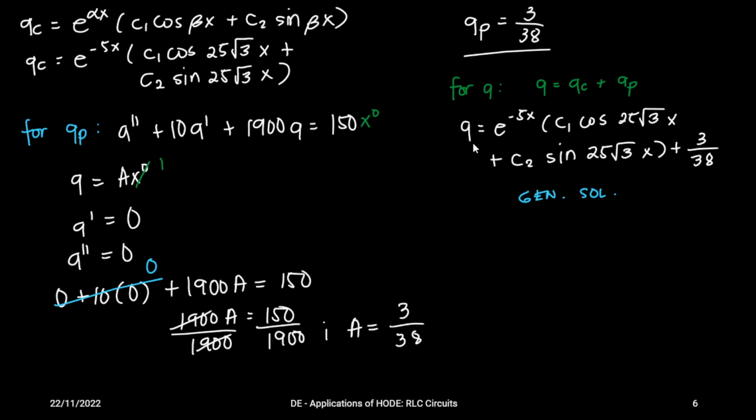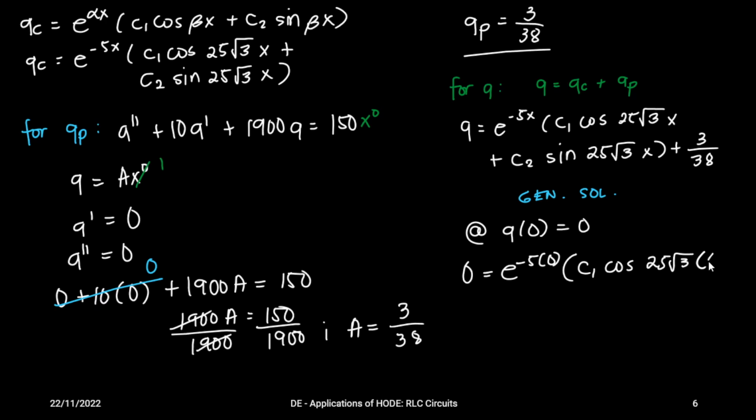Now, since we have already Q in here, meron tayong initial condition. Sabi, at time 0, Q is also equal to 0. So we can substitute 0 to this general solution. We have 0 is equivalent to e raised to negative 5 times 0, which is equivalent to 1, times C1 cosine 25 square root of 3 times 0.